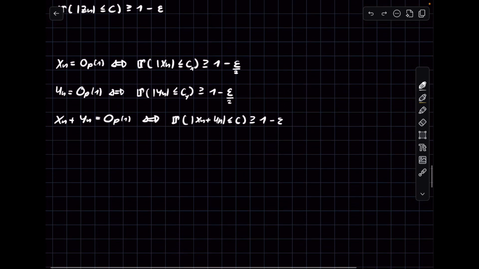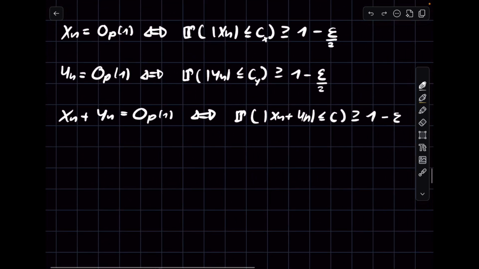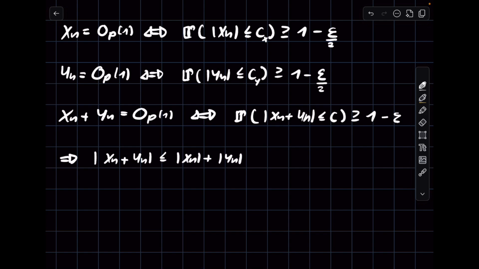Now that we have that, we use the triangle inequality, which states that the absolute value of x of n plus y of n is lower than or equal to the absolute value of x of n plus the absolute value of y of n, meaning that we apply the probabilities.